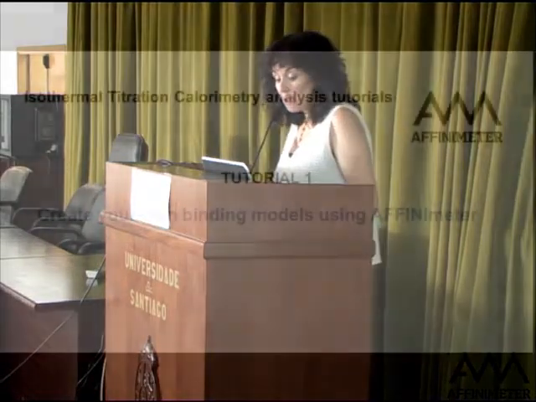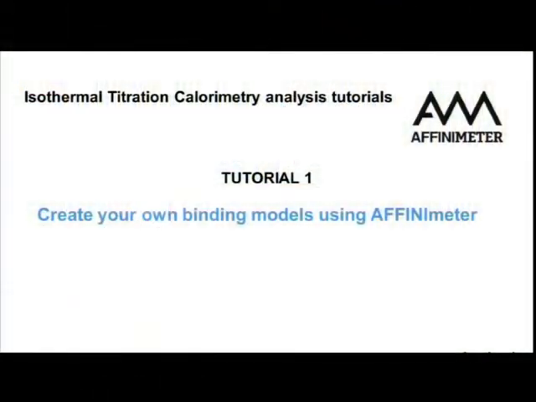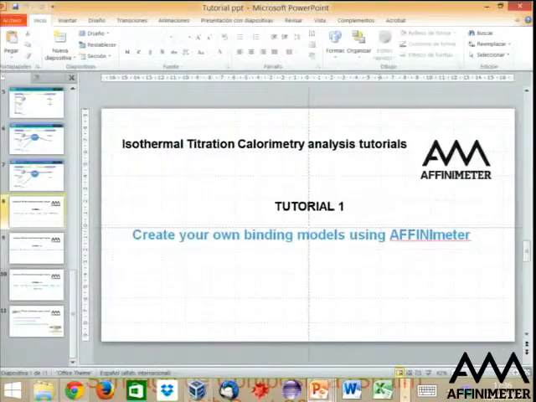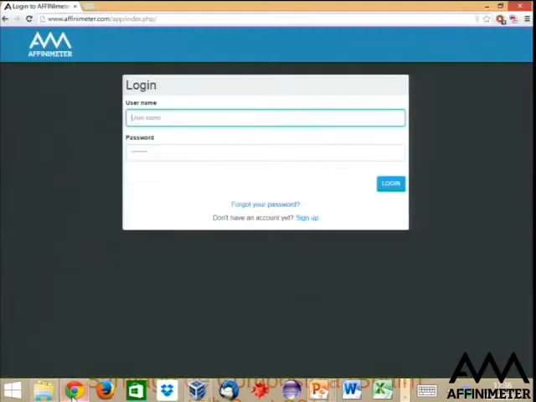And from this general idea, I think we can start with the tutorial 1. Create your own binding models using AFFINimeter. So let's go to the AFFINimeter software now. So this is the main login window of AFFINimeter. So just log in into your AFFINimeter account.